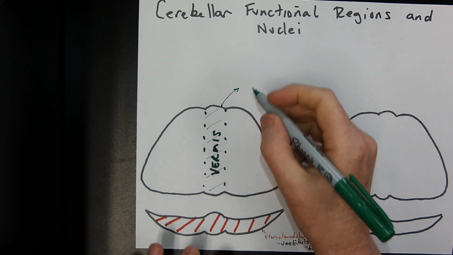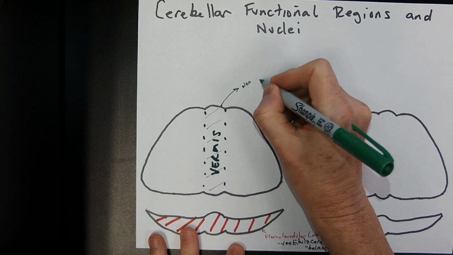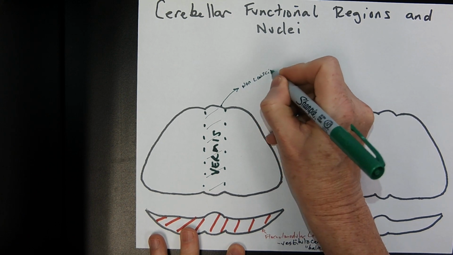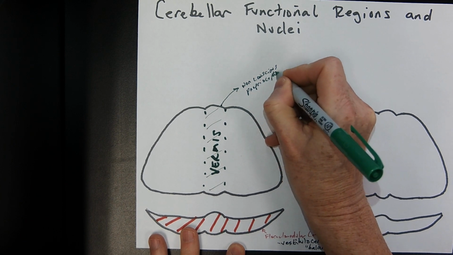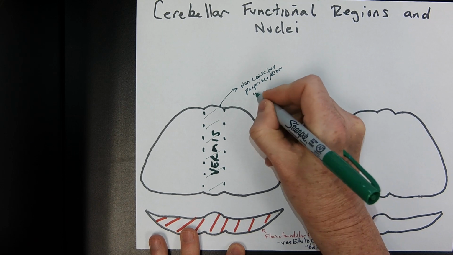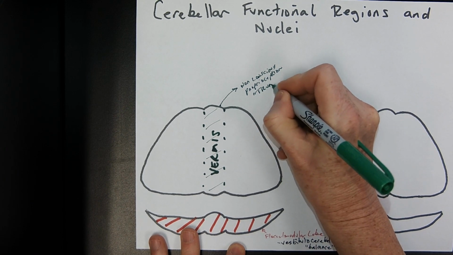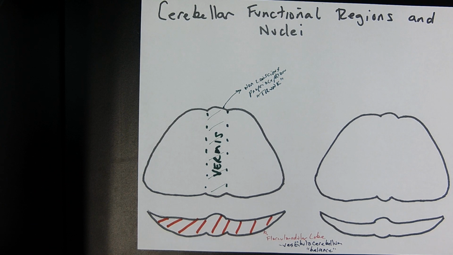Good. It processes this unconscious proprioception information, specifically from the trunk musculature, so axial musculature. Any information from your trunk musculature goes into your cerebellum and communicates with the vermis, which is right smack in the middle.